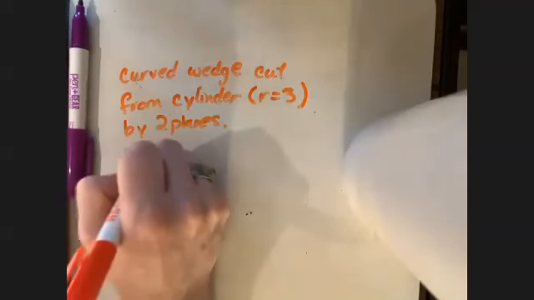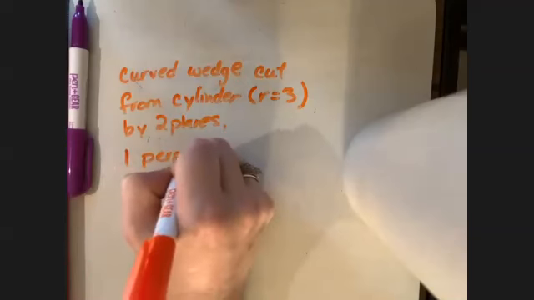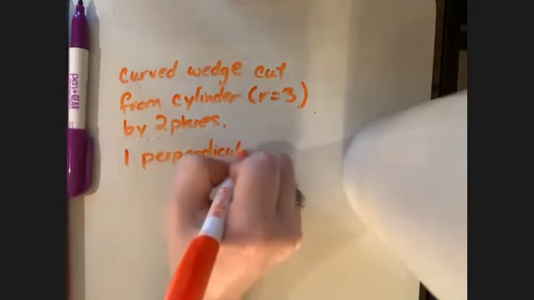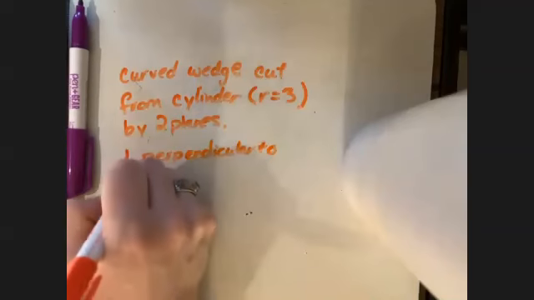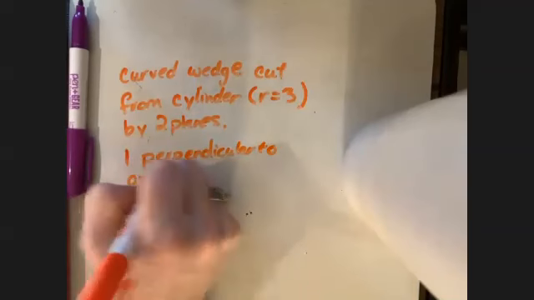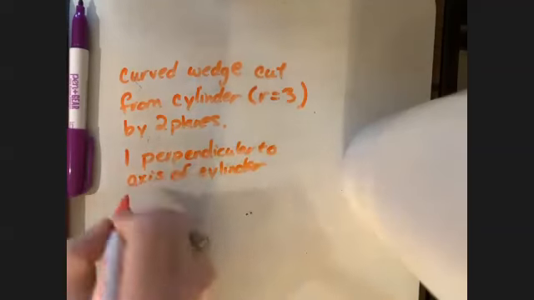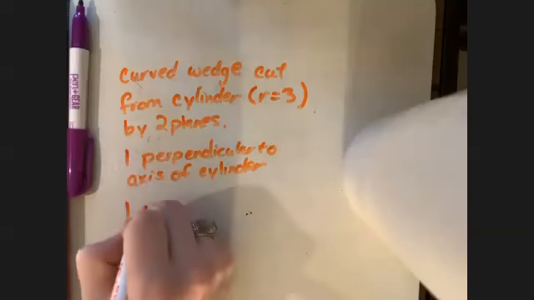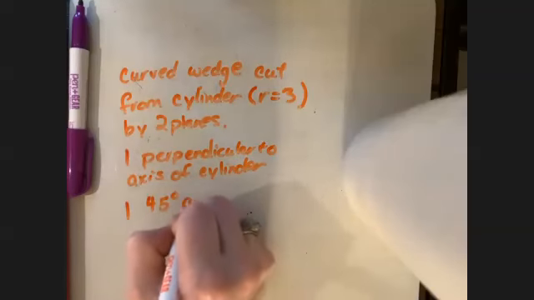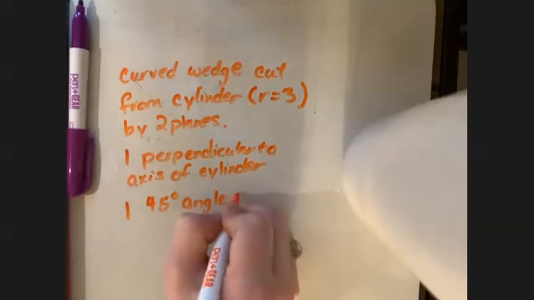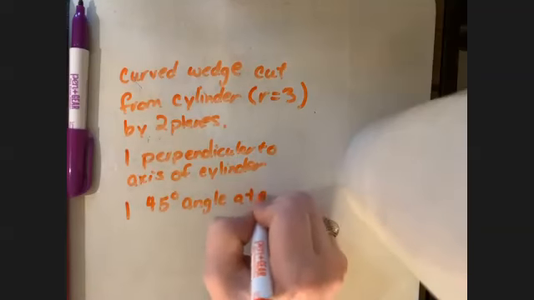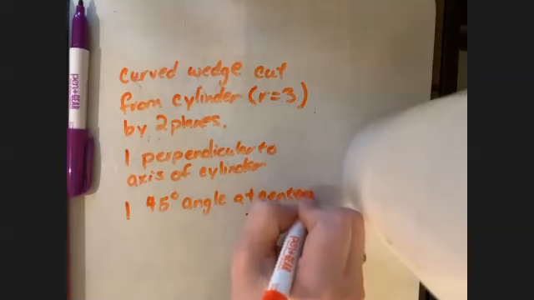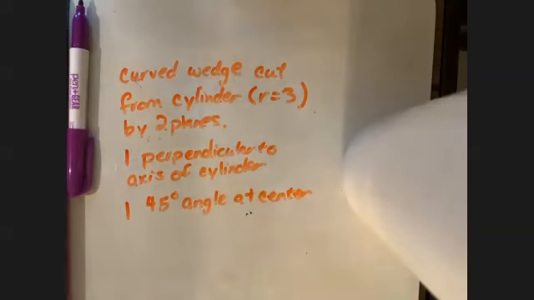One is perpendicular to the axis of the cylinder. The second is at a 45-degree angle at the center.